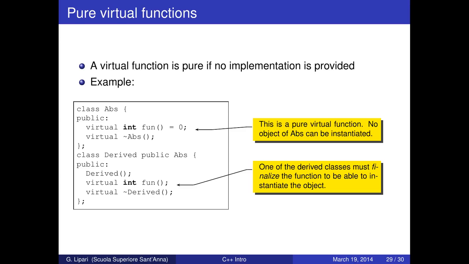Okay. Why can you not define an object of class ABS? Well, it's quite simple. If you could do that, you could create an object of type ABS and then call function fun of it using, for example, a pointer, and then dynamically you would not find an implementation for it.